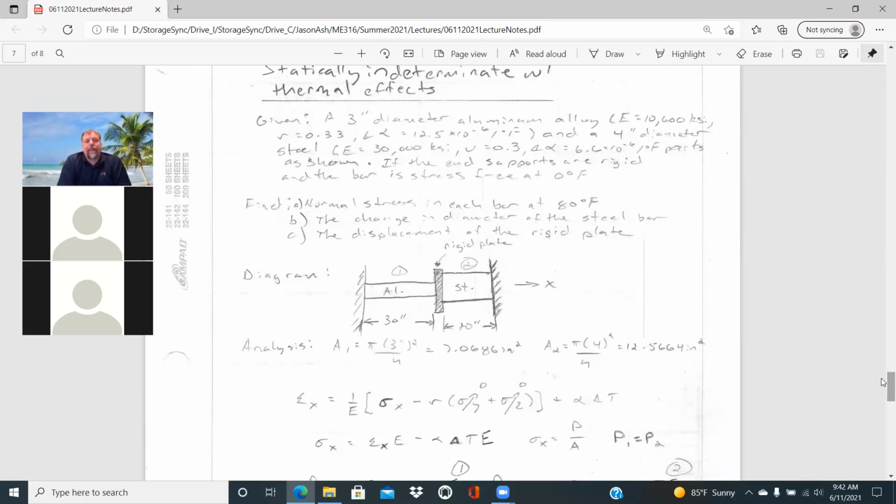And so next we can look into statically indeterminate problems with thermal effects. And here we have a 3-inch diameter aluminum alloy, Young's modulus and Poisson's ratio given, along with the coefficient of thermal expansion, and then a 4-inch diameter steel, same things provided.